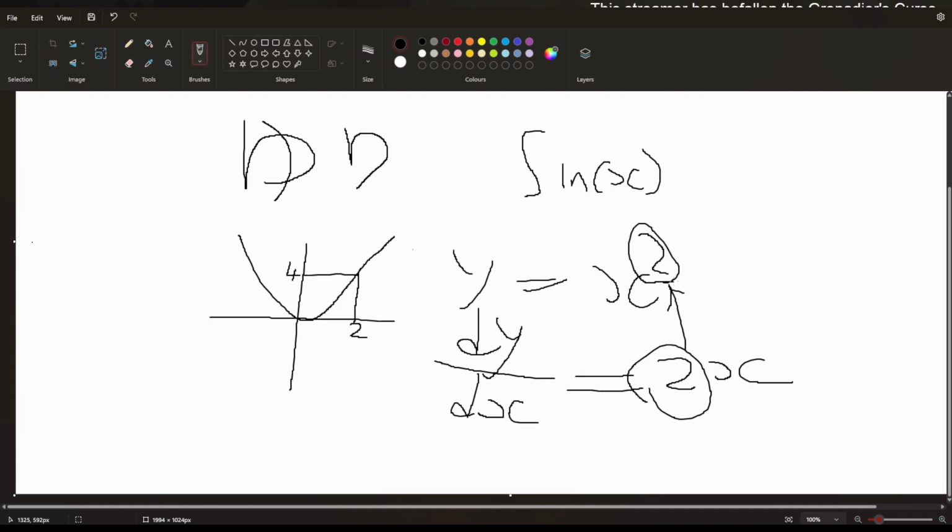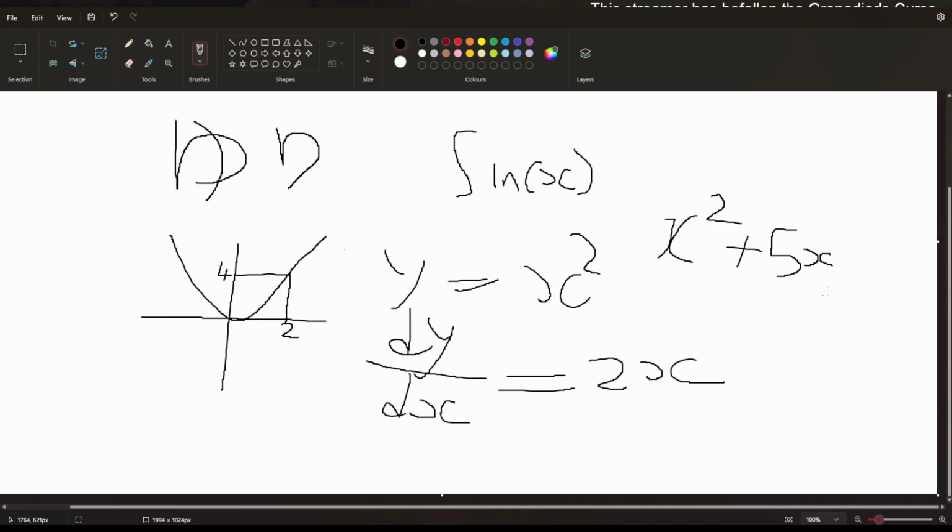I know. What you do is, for any function, let's say x squared plus 5x plus 5, you minus 1 from the power and times by the power.